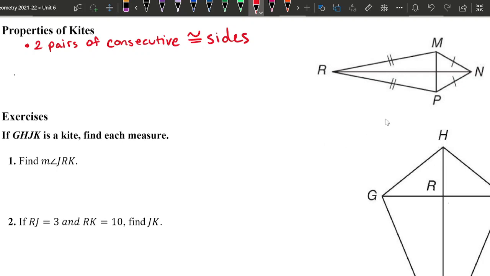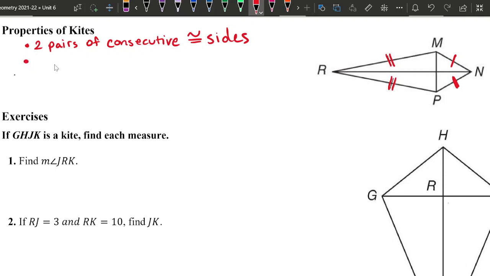So that means the two sides are going to share one endpoint. So I see that P to N has one line, and N to M has one line. There's one pair of consecutive congruent sides. And then M to R has two lines, and R to P has two lines. So there's the second pair of consecutive congruent sides.